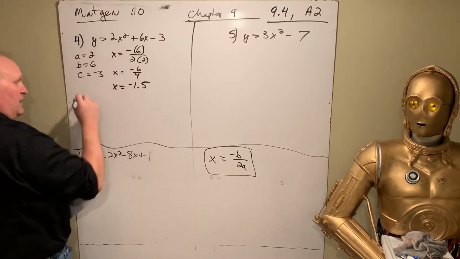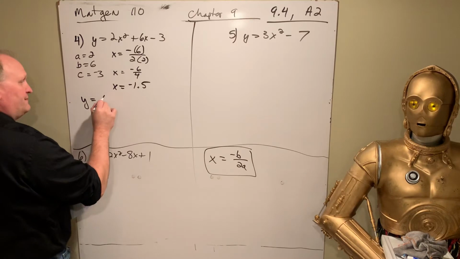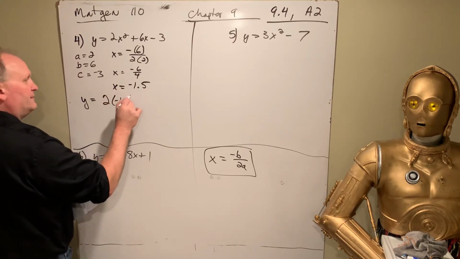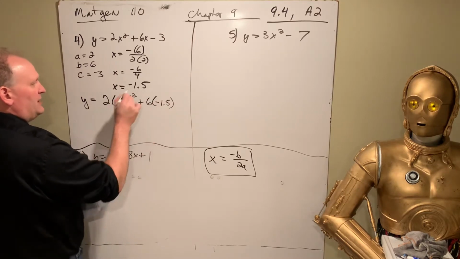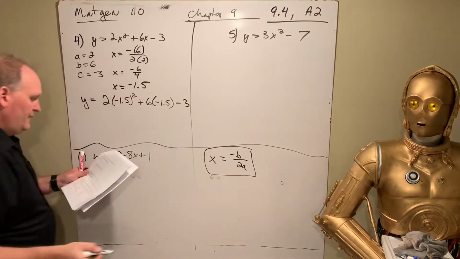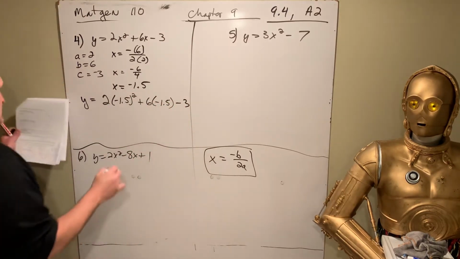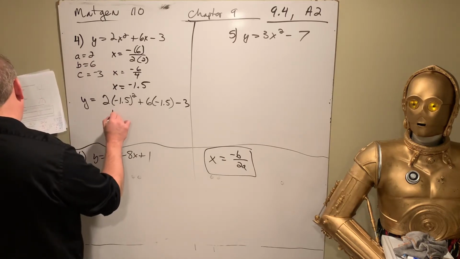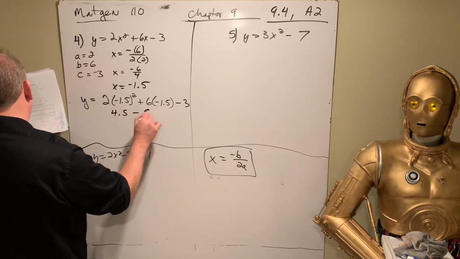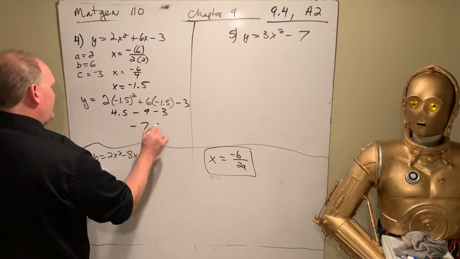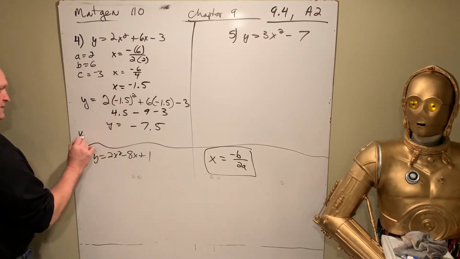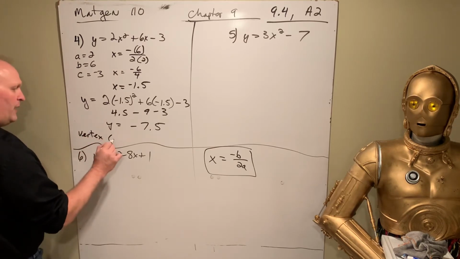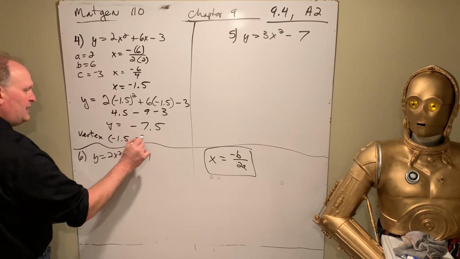To find the y part, you sub that in. Everywhere where you see an x, we put a -1.5, and we work that out, so that ends up to be 4.5 minus 9 minus 3, -7.5. And so our vertex is the point -1.5, comma, -7.5.